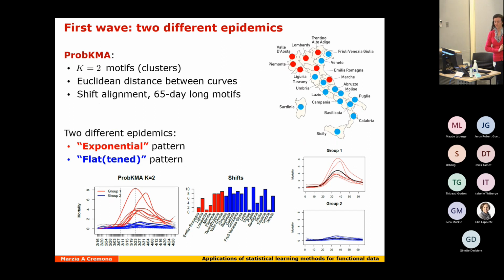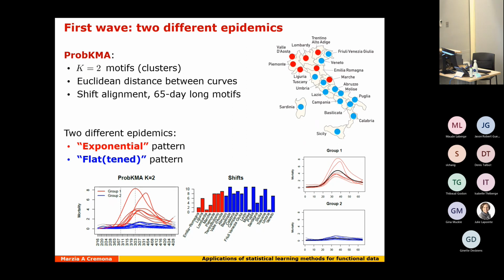But going back to COVID data, what we did was to use this methodology to cluster the mortality curves. And we were able to find two groups: the red group that we call exponential pattern, and the blue group that we call flattened pattern.